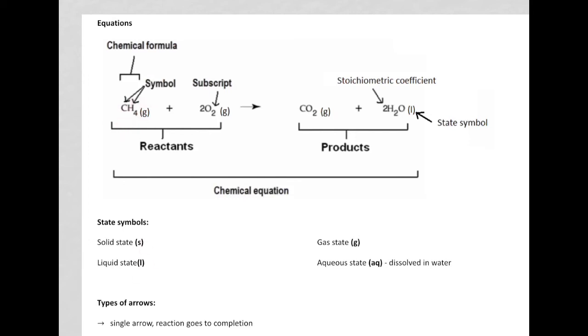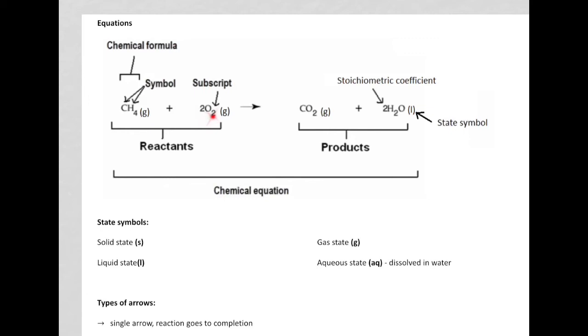So solid, liquid, gas, aqueous, which means dissolved in water. Then you have the symbol of the substance, so CH4, O2, CO2, H2O. These are the symbols of the molecules or the particles.